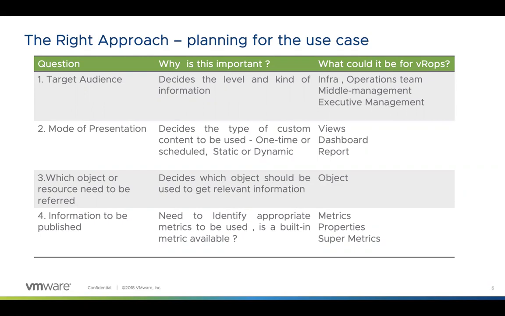And converting that into VROps, what does that mean? In VROps, this is going to be showcased to either the infra team, the operations team, middle management or executive management. Depending on who the audience is, we need to present it in a specific way, using specific content.